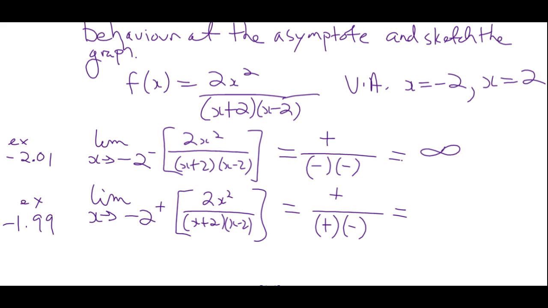So what do we end up with? Negative infinity. Why is it infinity? Because the bottom is going to 0. This term tends to 0, it gets very, very small. This other term, who cares, it's just very, very small times negative 4, which is still very small. So we're dividing by a very small term, and whatever the other factor is doesn't matter.